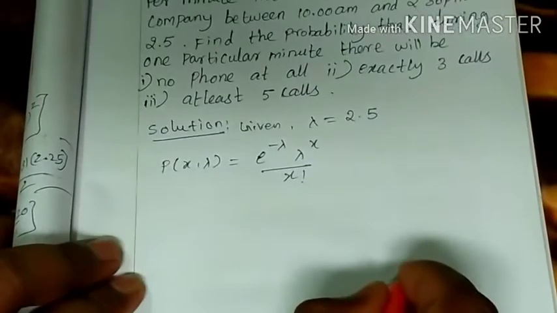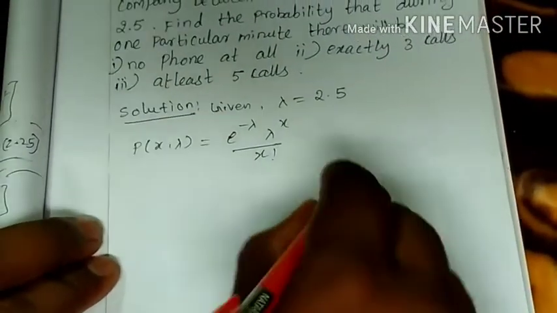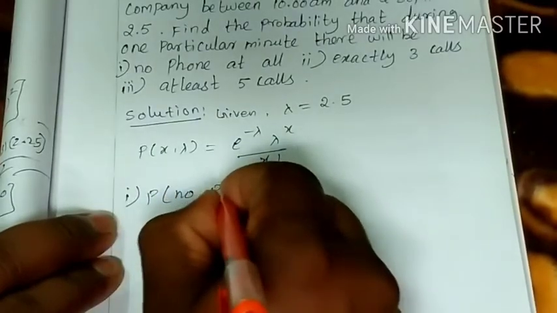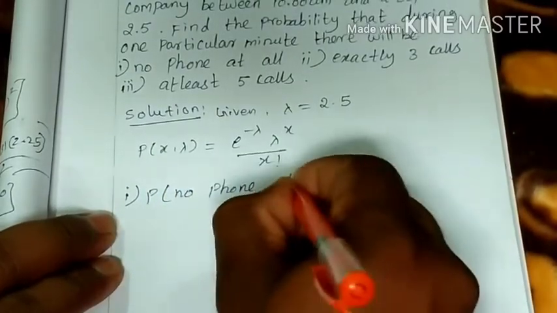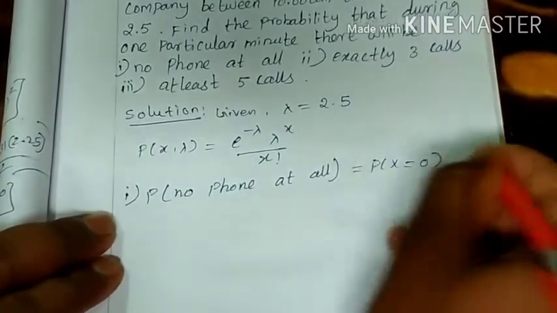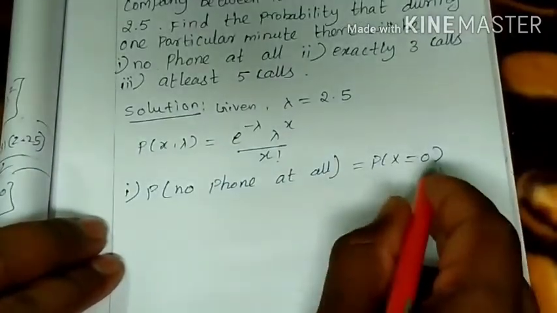This is your definition. From the definition, the first question, the probability of no phone call at all. That means P of x is equal to 0. No phone call means the x value is 0.